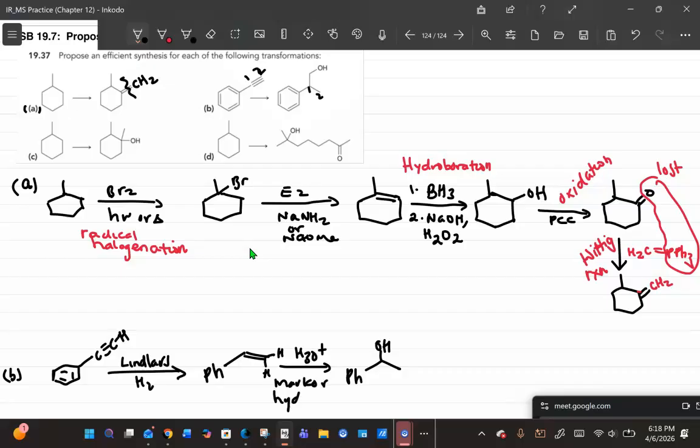Organic one. After the Markovnikov hydration, I can do PCC or Jones. No, I don't want to do Jones because that would make it a carboxylic acid. Remember benzylic carbon oxidation? So PCC is the best choice. It looks like a ketone, right?